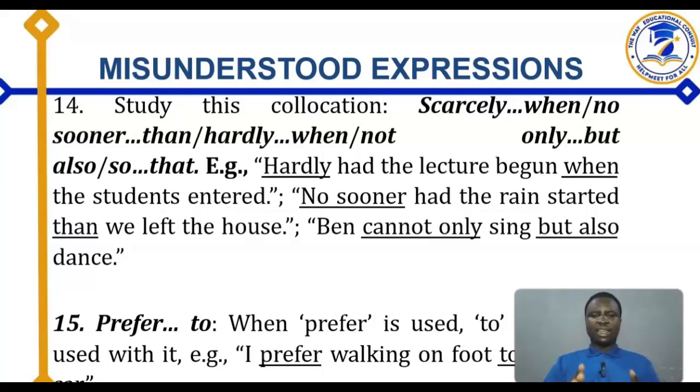I prefer walking on foot to driving a car. But the emphasis of what we are picking from there, not actually the example, is prefer and to. Don't say than. Don't say than. But for me, I would say I prefer driving a car to walking on foot. But take note of the words prefer and what?